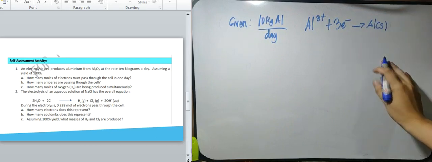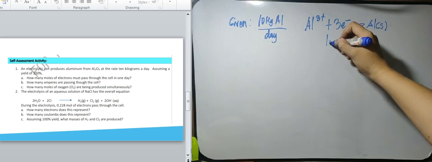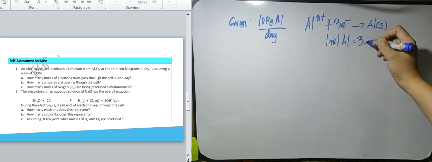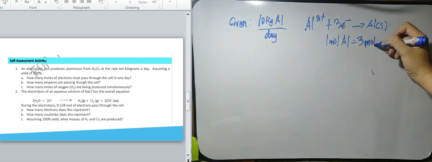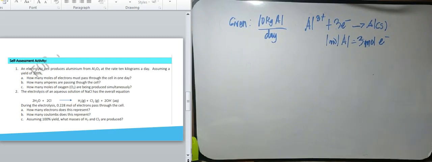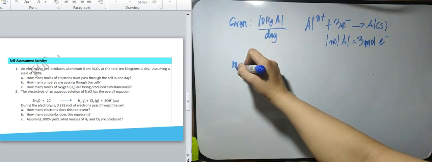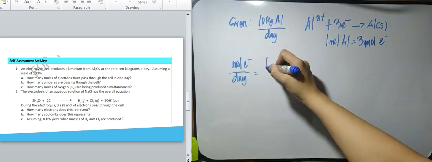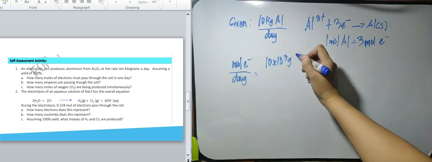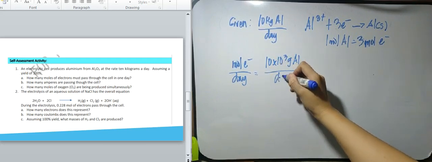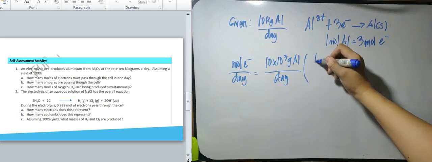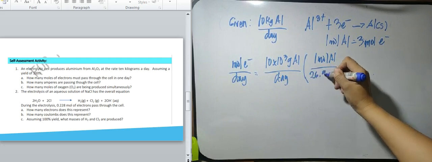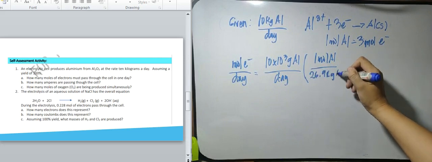There. So we can deduce that in 1 mole of aluminum, we have 3 moles of electron. So for us to calculate mole electron per day, in 1 mole of aluminum, we have 26.98 grams.